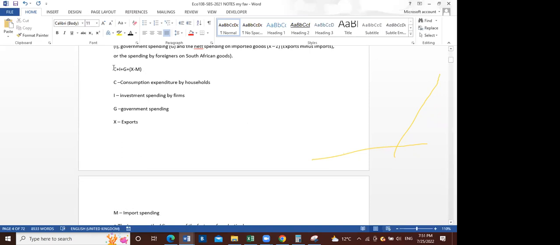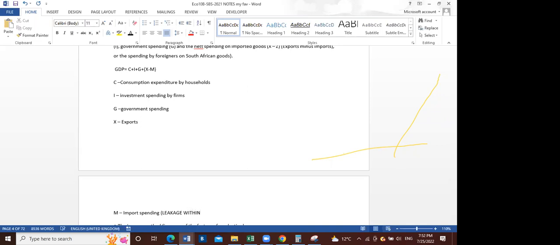And you can see that on our equation here, which says GDP is equal to C plus I plus G plus X minus M. We have X minus M here because imports represent what we refer to as a leakage within an economy.